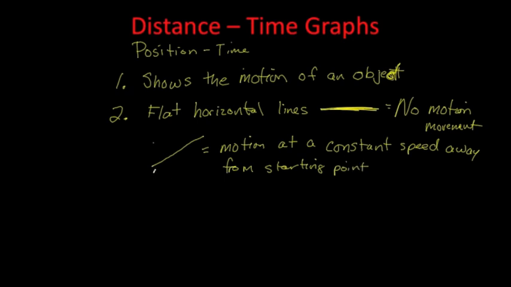A slanted line back indicates motion at a constant speed back towards the starting point.